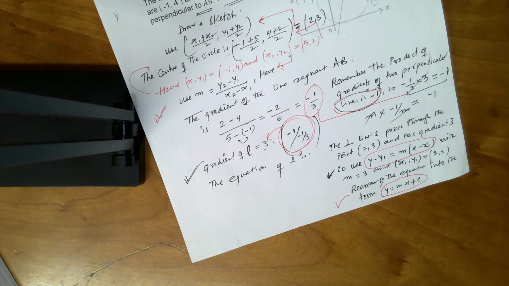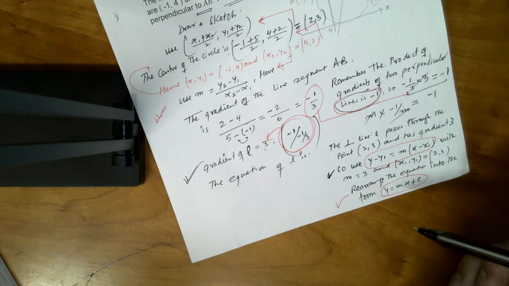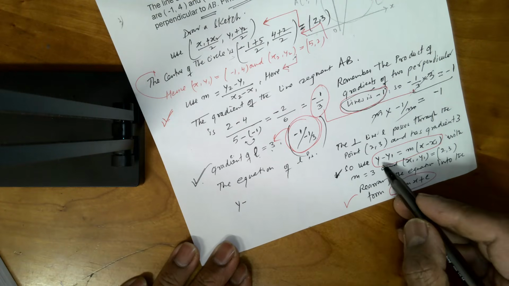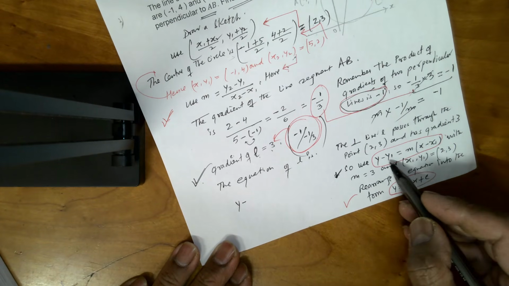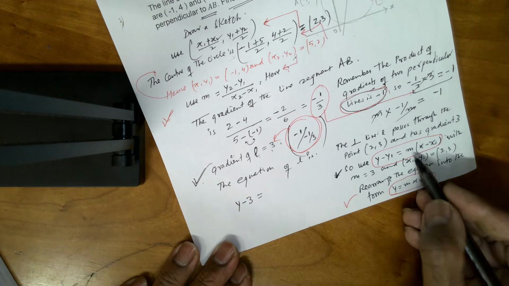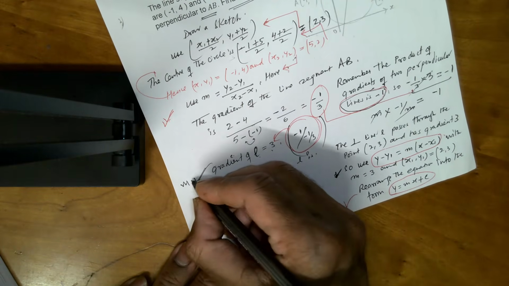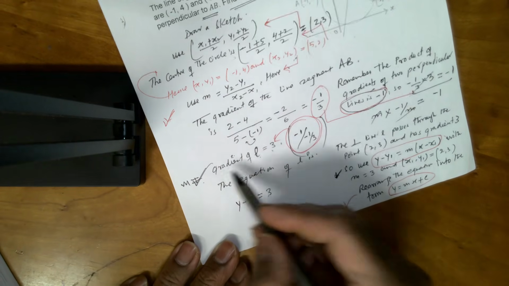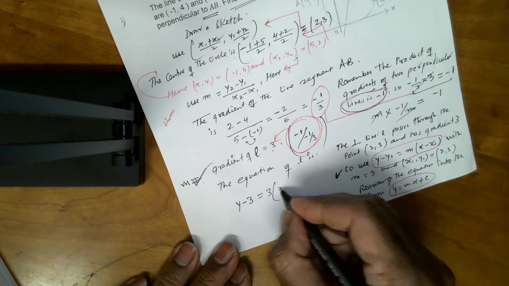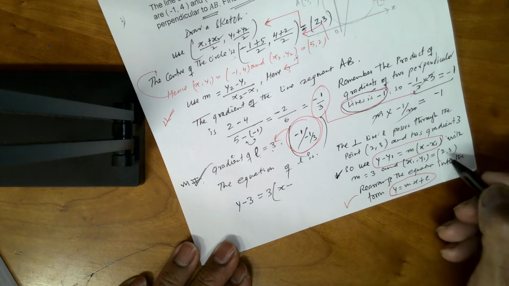So with the help of these plus all those coordinates, now I'm just going to write down the equation, which is y minus y1, where y1 is 3, equal to m, which is 3, the gradient. So the gradient of L is m from here. Then you got your x minus x1, and x1 here is 2.